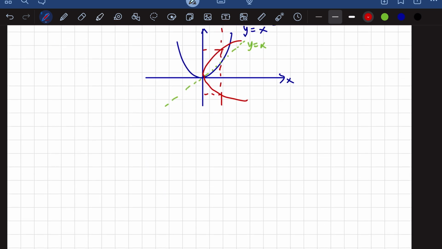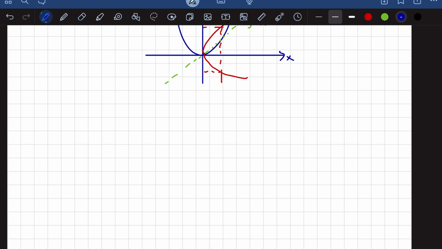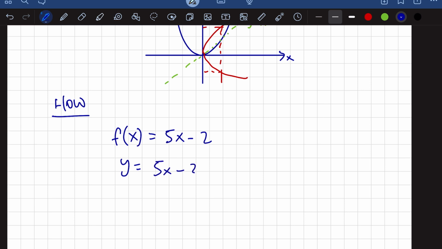All right, so let's go through the process of how to inverse a function. Let's look at an example. If f(x) equals 5x minus 2, the first step is you want to let y be 5x minus 2. Next, you want to isolate x as the subject.